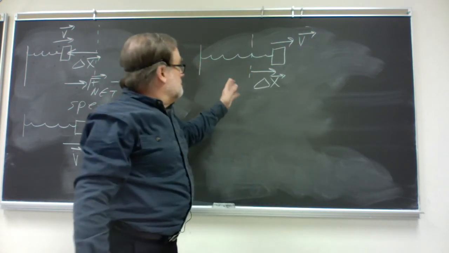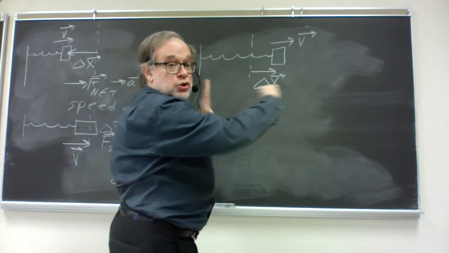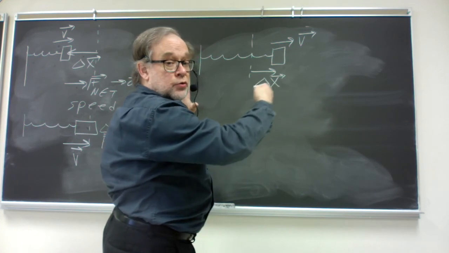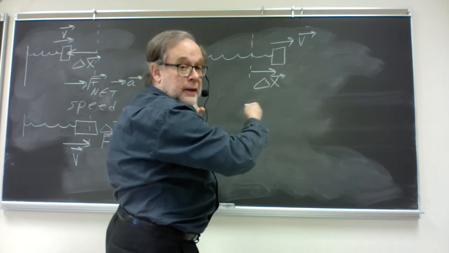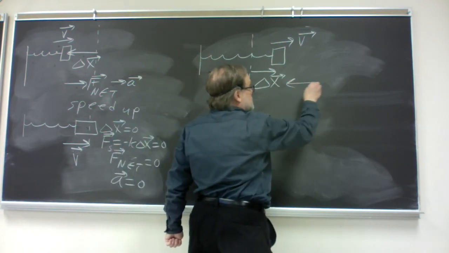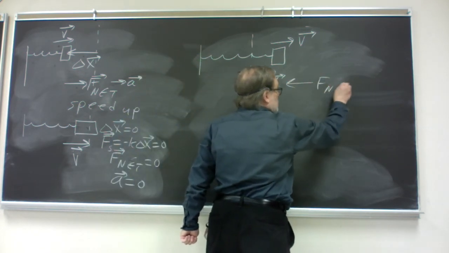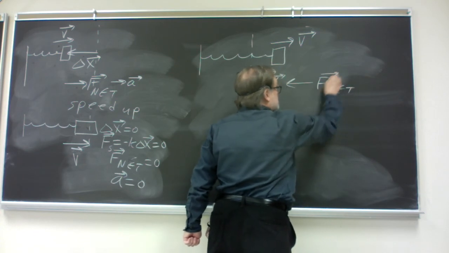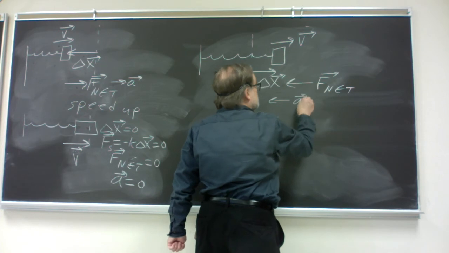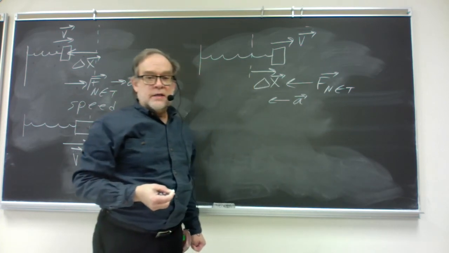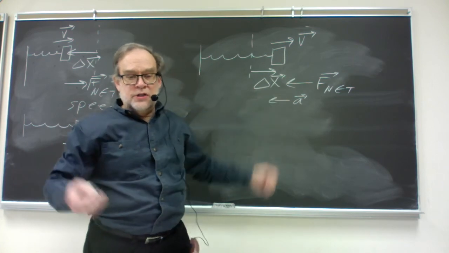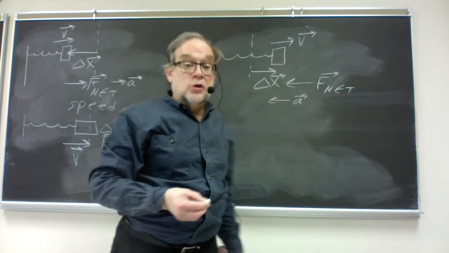But now, since the spring is stretched, it's going to try to snap back to its original shorter length, which means it's going to pull to the left on that mass. The spring force is to the left, which means the net force is to the left, which means acceleration is to the left. And remember, anytime velocity and acceleration point in opposite directions, the mass must slow down.